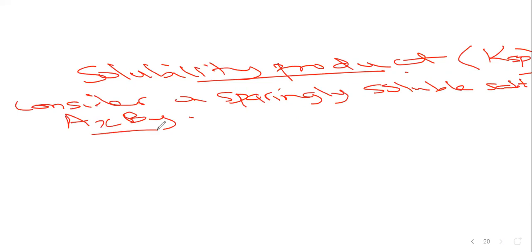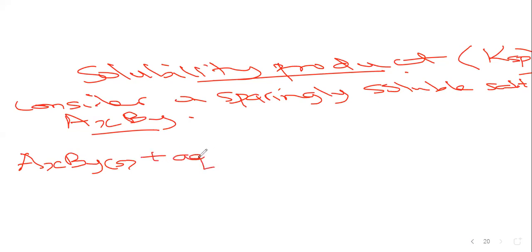If you dissolve it until you form a saturated solution, the ions of the electrolyte will be in equilibrium with the undissolved solute at a given temperature. And the equation for its solubility will be given as AxBy. Remember, it's a solid.